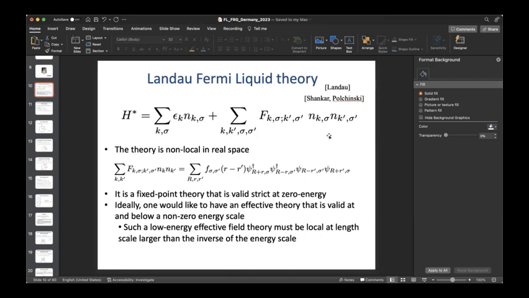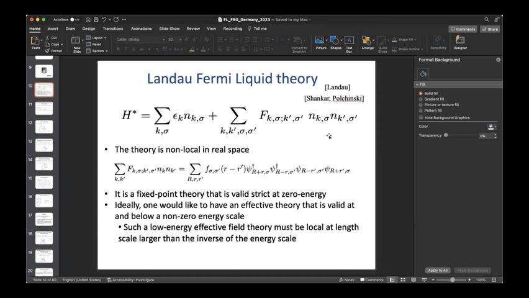So in order to describe the collective mode at non-zero energy, a dispersing mode, right, you have to include the physics that are important away from the strict zero energy limit. Yes. Here you have to include the scattering between particle pairs and so on.